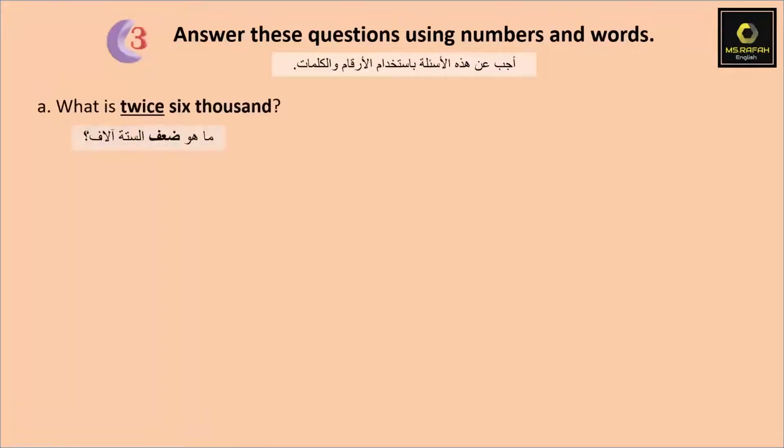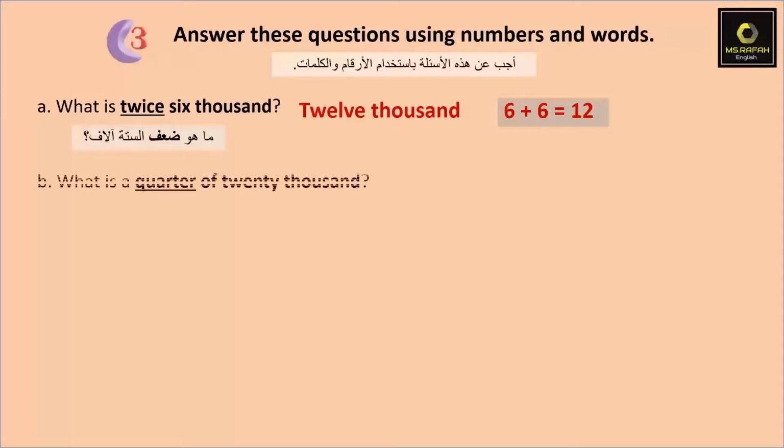What is twice 6,000? شو هو ضعف 6000؟ 6000 و 6000 قديش صاروا؟ 12,000. What is a quarter of 20,000? Quarter يعني ربع. نلفظ التي كأنها د مخففة.